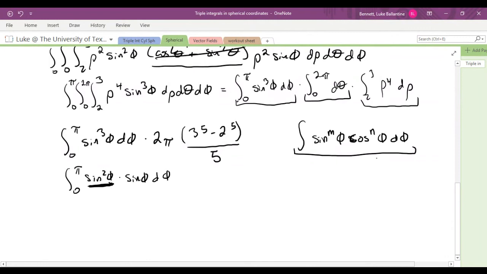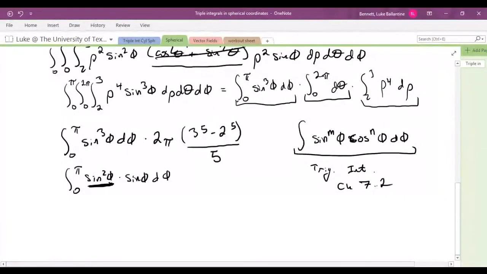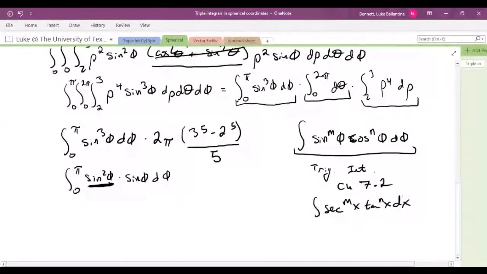It was in integral calculus. You probably took math 2414 since you're in this class. So in 2414, it's covered. It's trigonometric integrals, chapter 7.2. You can also do secant to the mx, tangent to the nx, dx.